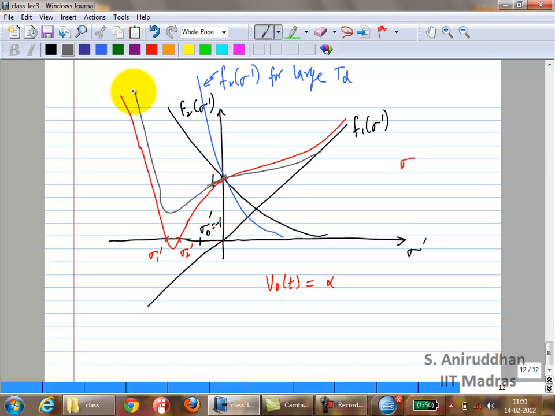The general solution, remember, is a linear combination of the exponential and the sinusoid. When the curve just touches the x-axis, the coefficient of the sinusoid is going to be 0. In the other case, you are going to get a sinusoidal solution. We'll come back to this in tomorrow's class.